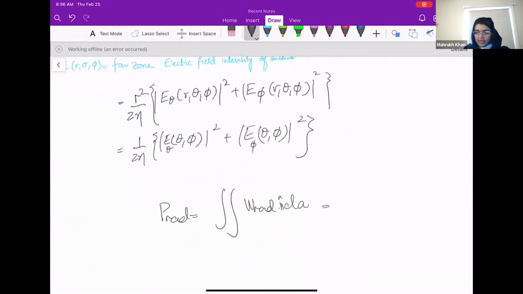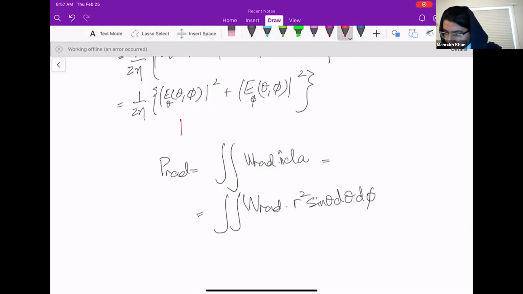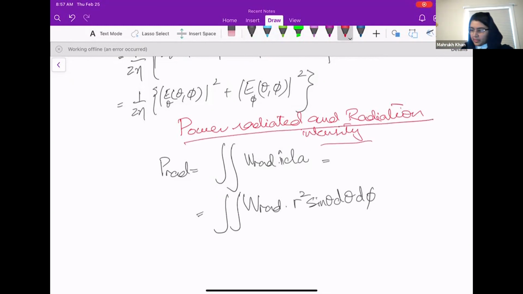So if I am just writing in terms of the power density, which was this, I will write it. Okay, so it will become this.